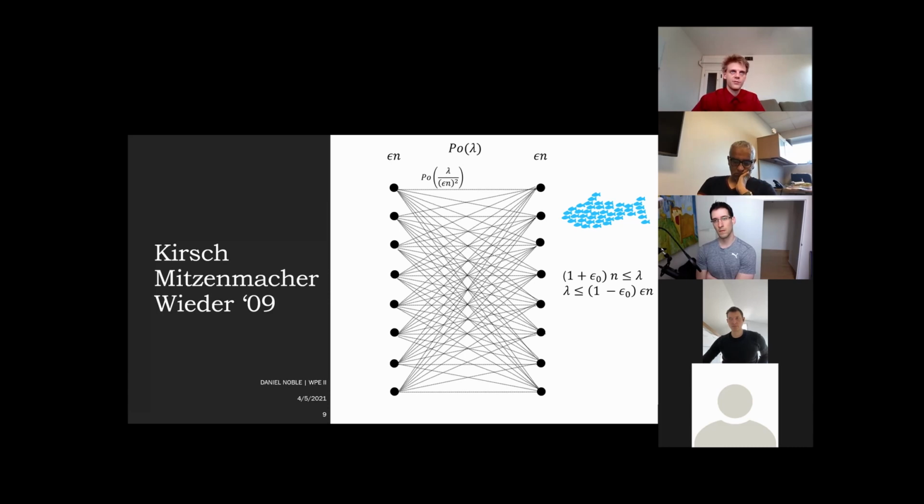But if there's any property of the graph that at worst only increases whenever edges are added, then this property in the original graph will be stochastically dominated by the case where we're choosing graphs from this Poisson distribution.